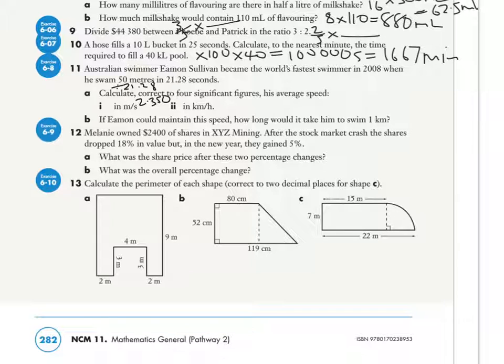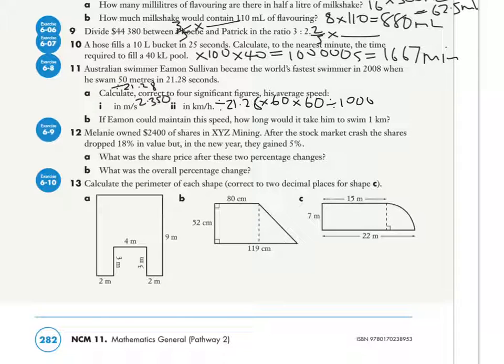Now in kilometres an hour, start again. So we've got 50, we're going to divide by 21.28 to get it into 1 second. We're going to times it by 60 to get into a minute, times by another 60 to get it into an hour. Now it's in metres, so then we divide by 1,000 to get into kilometres.